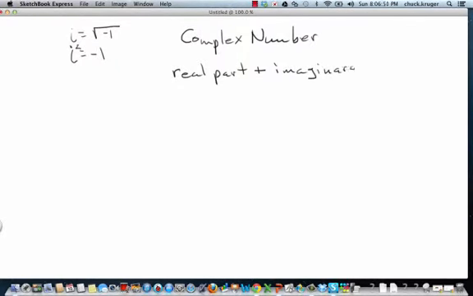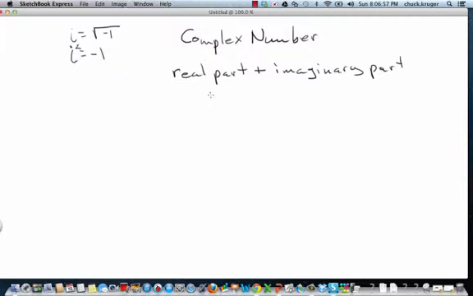Alright, so we're going to have something called a complex number. A complex number has two parts. It has a real part, which means a member of the real numbers, plus an imaginary part, like an i.